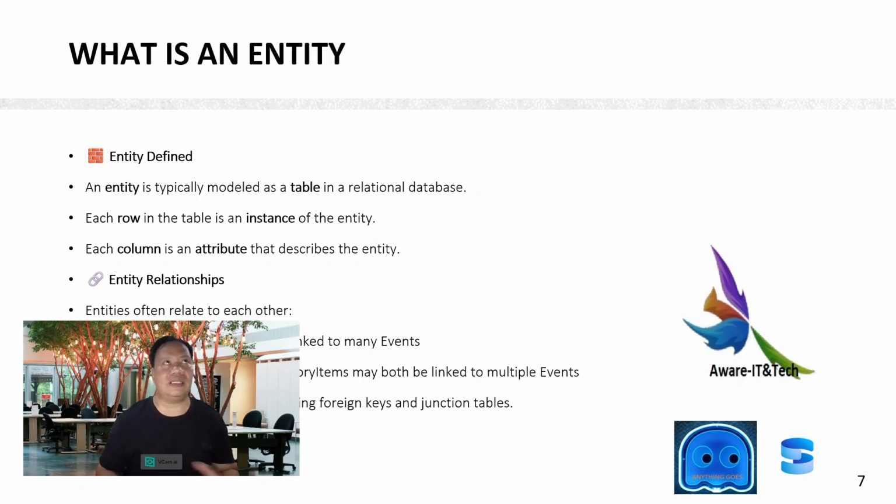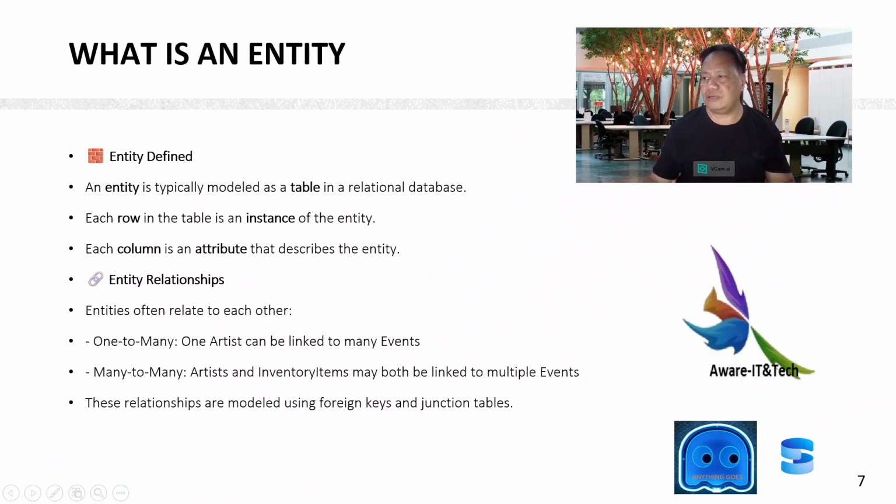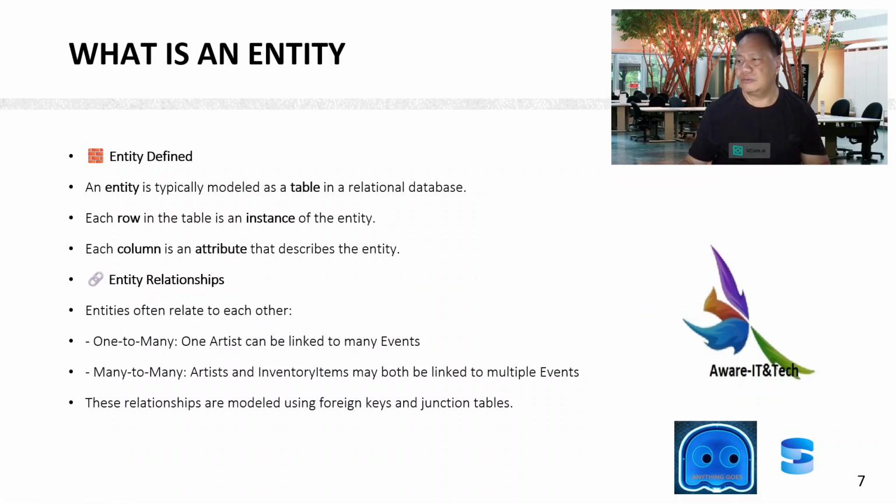Basically, an entity is a subject, a noun, and it has properties which become your attributes or the columns, and every record is an instance of an entity. And then there are relationships between entities, which are many to many, one to one, or one to many.